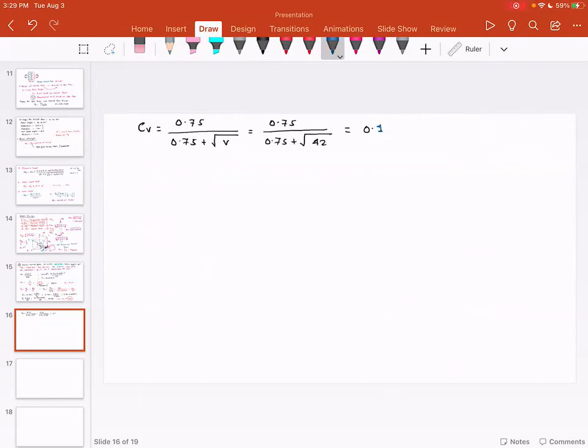And I'm going to assume the face width B. Now here is a design consideration. You can go as low as 12.5 all the way up to 30 times the module.